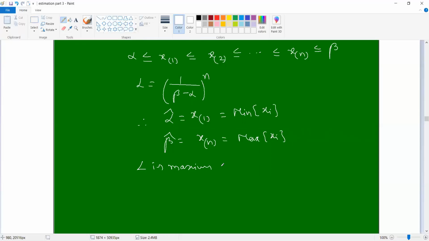L is maximum if beta minus alpha is minimum. How to get this beta minus alpha minimum here? Beta is xn order, alpha is x1 order. Xn order is the largest sample observation in the collected sample. X1 order is the smallest value. The difference of this gives the minimum value.